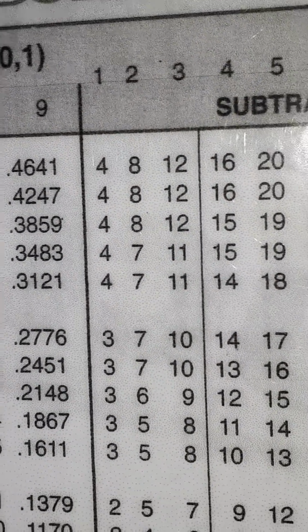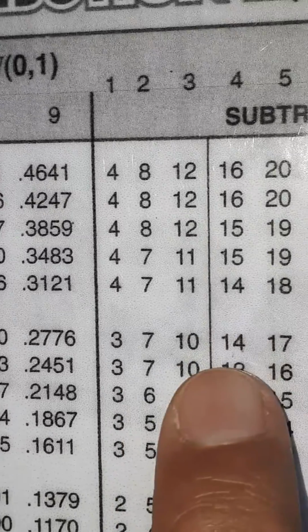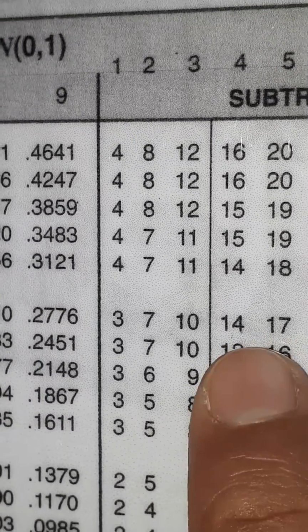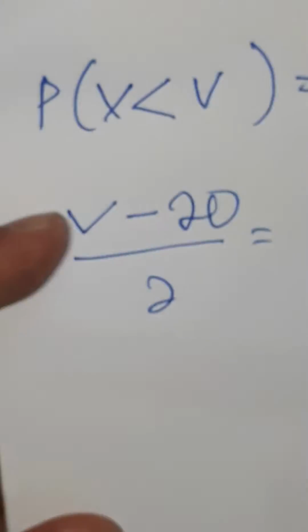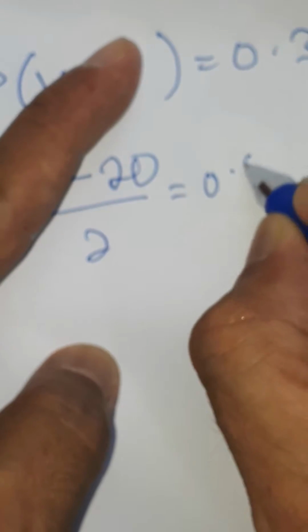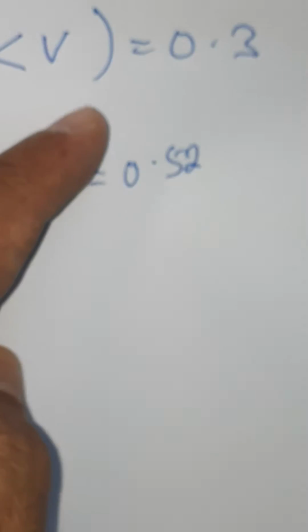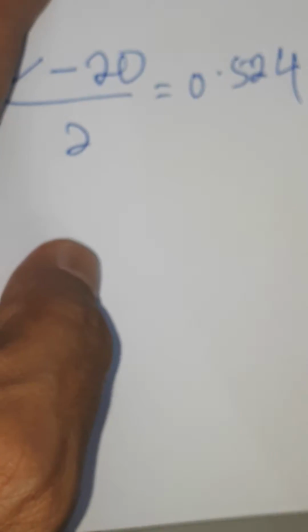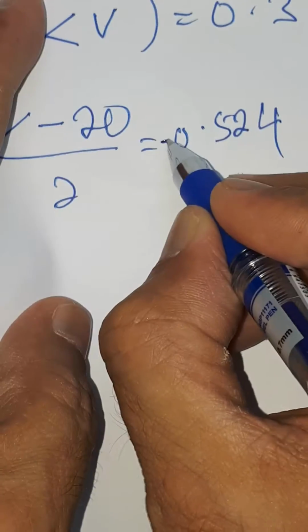The nearest is 4, so the reading here is 0.524, and the Z score will be negative.